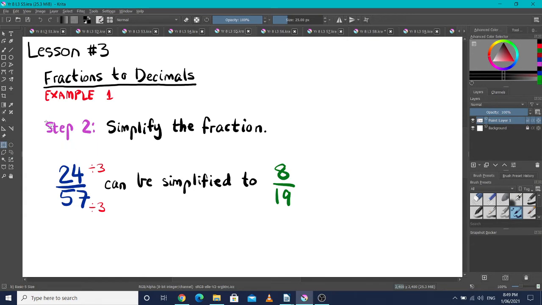Step 2 is optional, but we will be looking at this step in these examples, which is to simplify the fraction. 24 over 57 has a common factor of 3. Both the numerator and the denominator must have the same common factor in order to be simplified. Its simplest form will be 8 over 19.